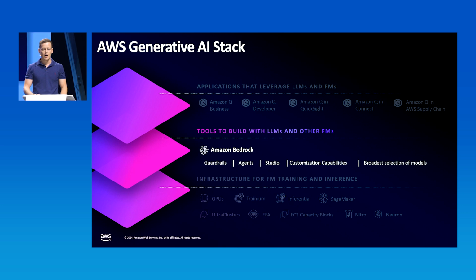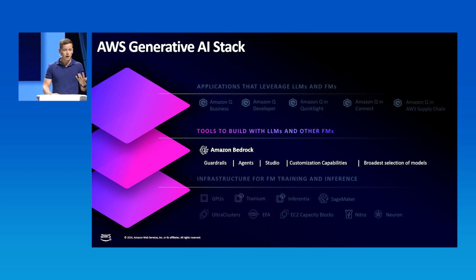As well, we offer other features and services on top of Bedrock that help you to build applications in a secure way, like guardrails, as well as other features like creation of agents, knowledge bases, and so on and so forth. For those customers who just want to consume generative AI without having to write any piece of code, we have the top layer, which is the application layer, where we have services like Amazon Q and Amazon Q for developer.